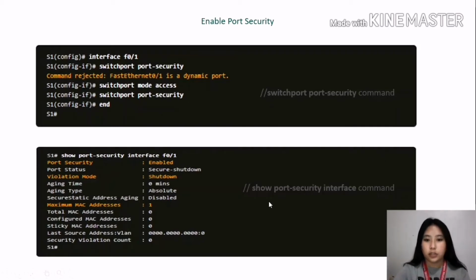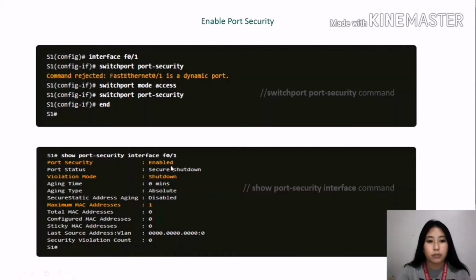Next, the show port-security interface command. Use the show port-security interface command to display the current port security settings for FastEthernet 0/1, as shown in the example. Show port-security interface FastEthernet 0/1. Notice how port security is enabled.